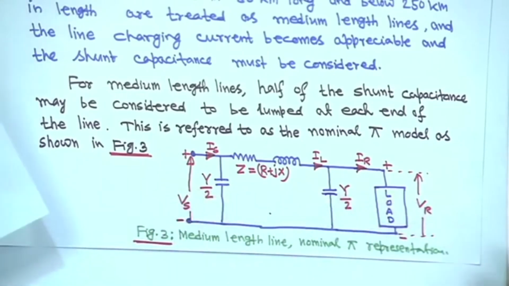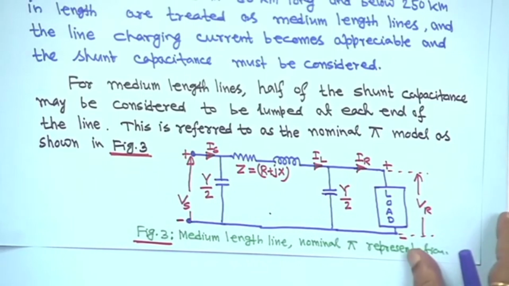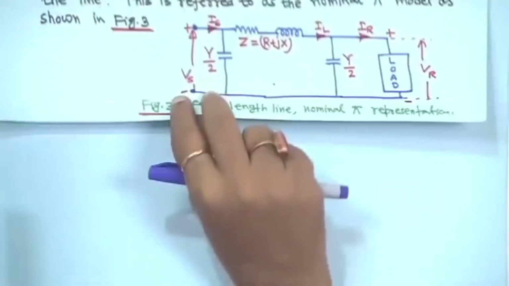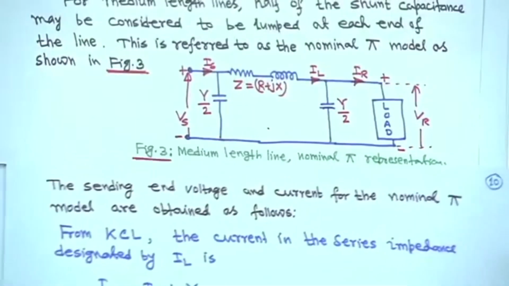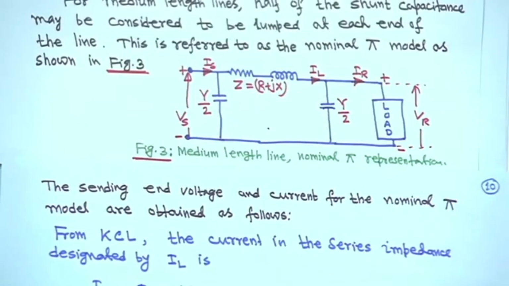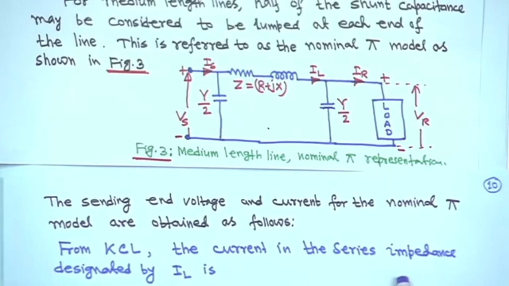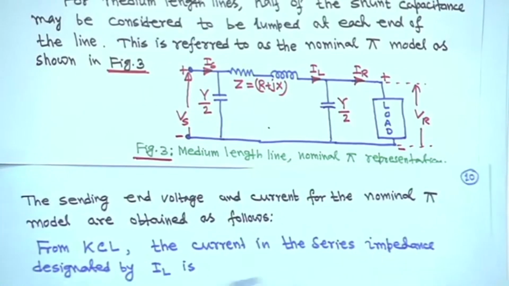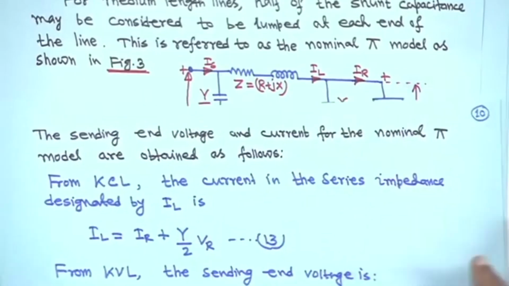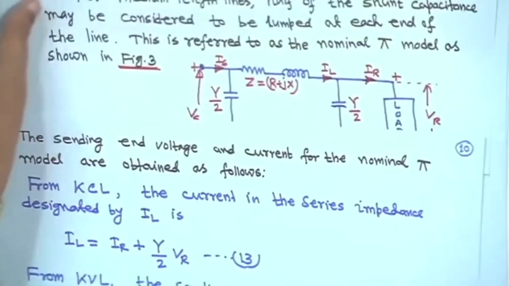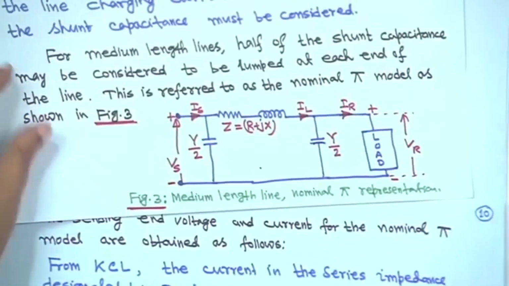Now we have to find the sending end voltage and current for the nominal pi model, in the form of ABCD parameters. From KCL, the current in the series impedance, designated by IL, is obtained by applying Kirchhoff's law at this point.